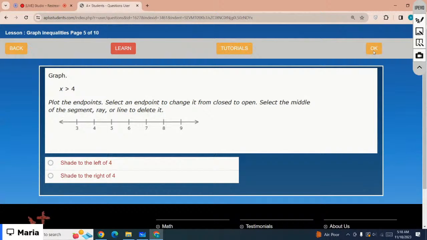Okay, the next one is x is greater than 4, which is the correct option? That means shade to the right of 4.